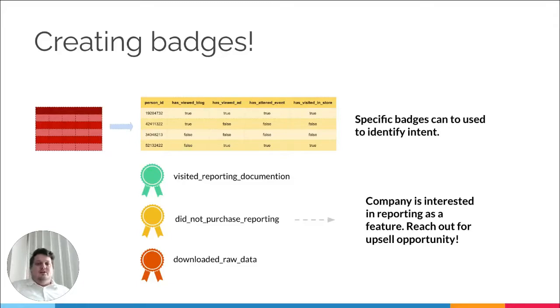An example of this was an upselling concept we developed, where people were visiting our documentation and a specific product on there, they did not have that product, and then they actually were downloading raw data in the product. Because all of that data was in one stream of information, I could create very simple yes/no statements and literally flag to our sales team, this account and this company, these people did these three things.